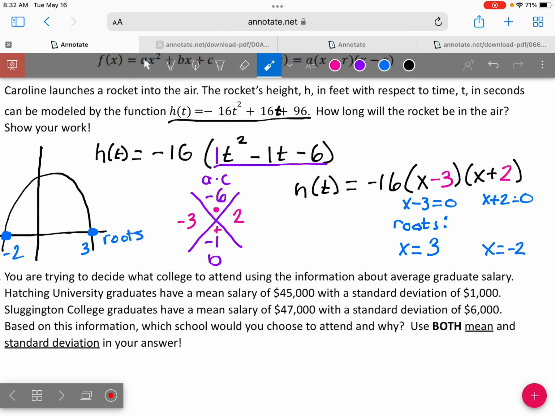Where did it start? What time did it start? Can it start at negative 2? Can time start 2 seconds before launch? No. Where does it start? 0. So how long was it in the air? 3 seconds.